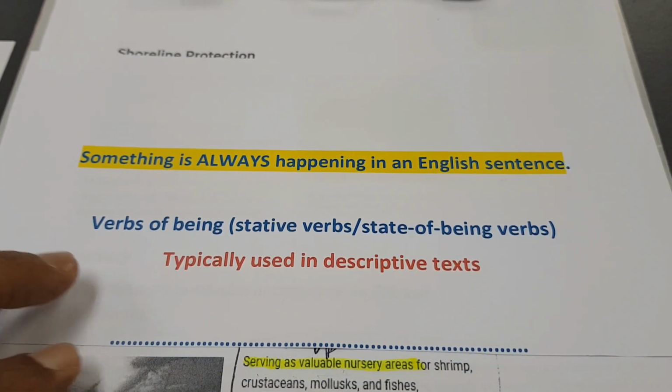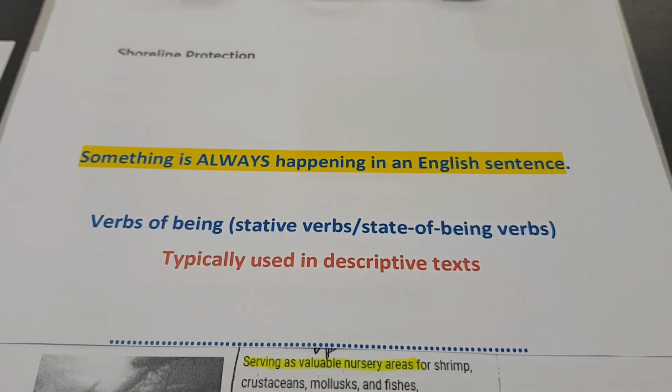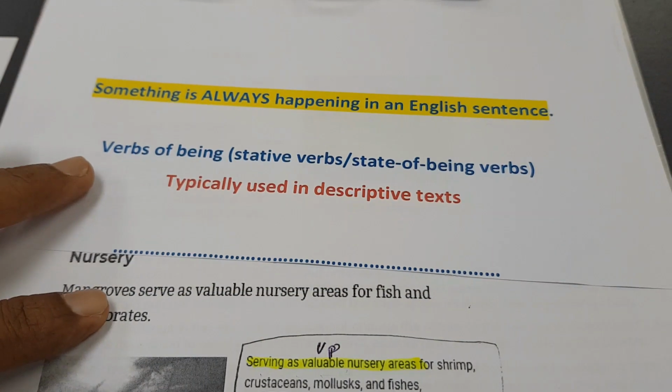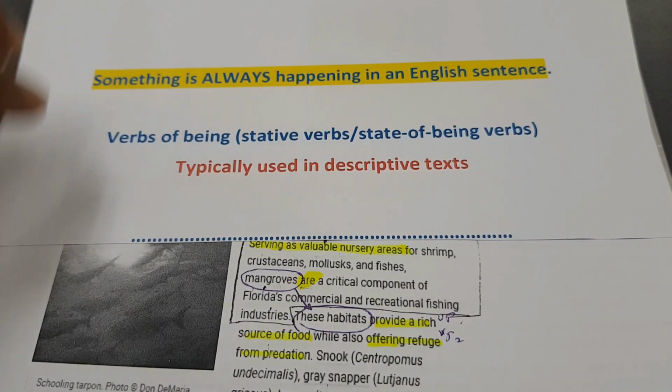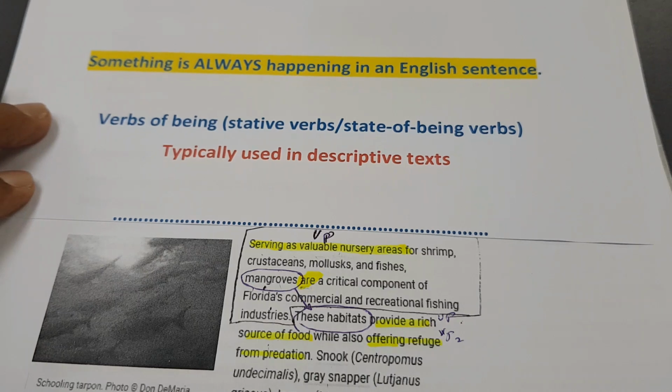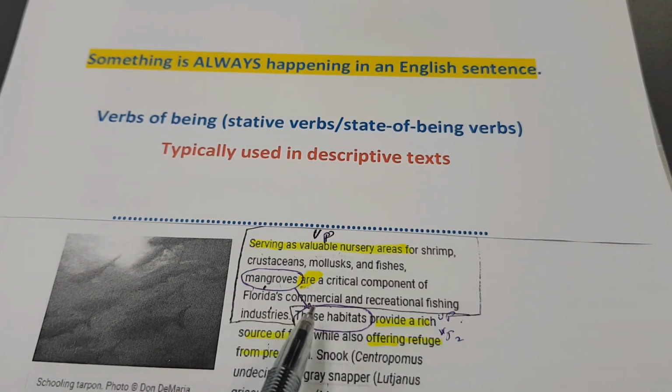Right, so as we were seeing in our analysis just now of the mangrove passages, something is always happening in an English sentence. When we looked at the second passage, we saw this sentence: mangroves are a critical component of Florida's commercial and recreational fishing industry.